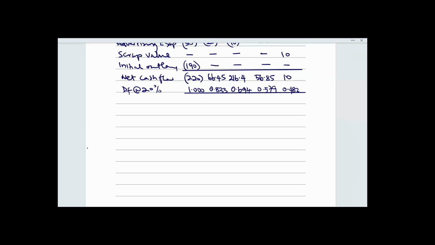Year zero is 220. This is the present value. Year 1, 55.35.